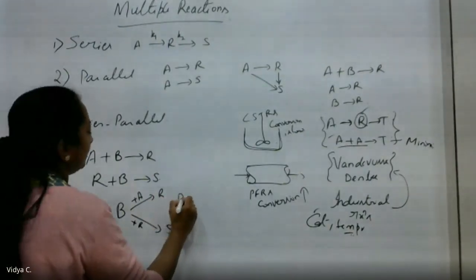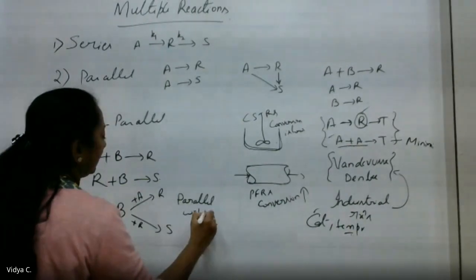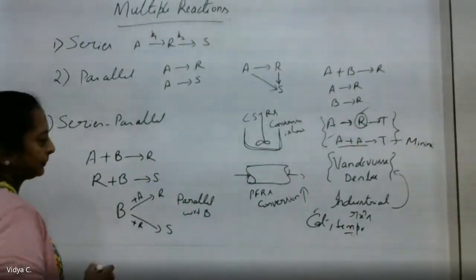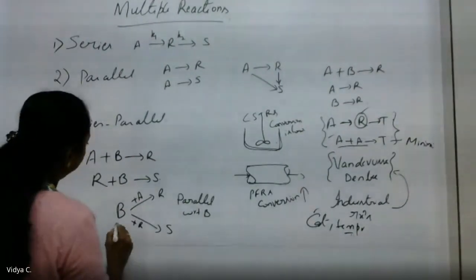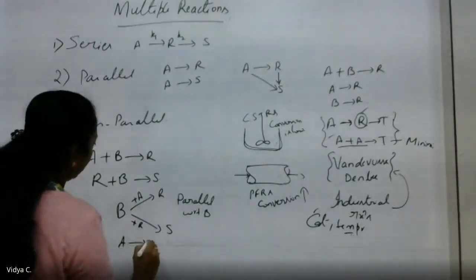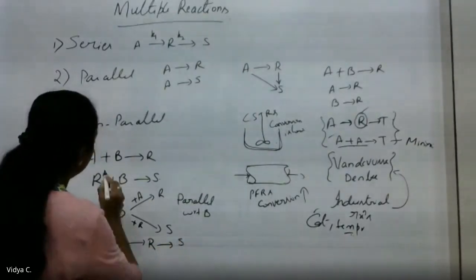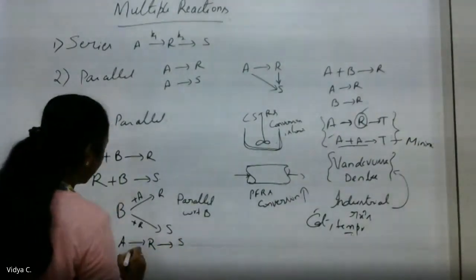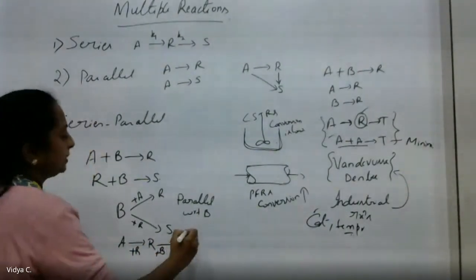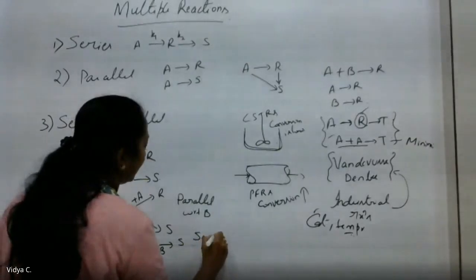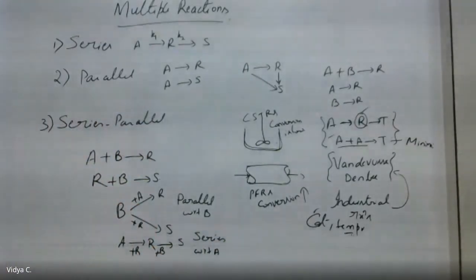So it is parallel with respect to B. I can call this parallel with respect to B. And what is happening? A is giving R, R is giving S. So here A plus B gives R, and R plus B gives S. So it is series with respect to A. This reaction is series with respect to A. Can you see?